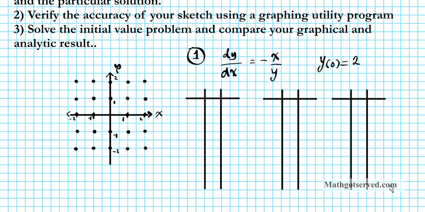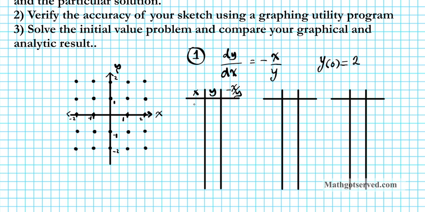All right, now let's take a look at how I'm going to populate my chart. For the first set I have my x, my y, and my dy/dx. dy/dx is negative x over y. This is actually what we care mostly about because the x and y coordinates have already been plotted for us. We want to know what the slope of the tangent line looks like at each point.